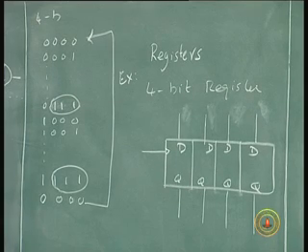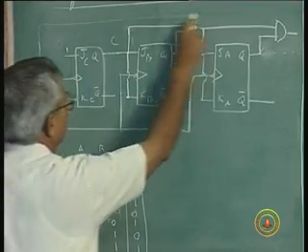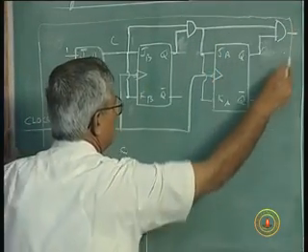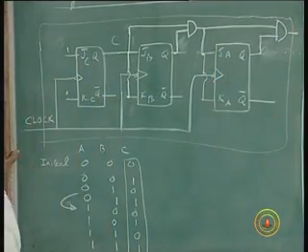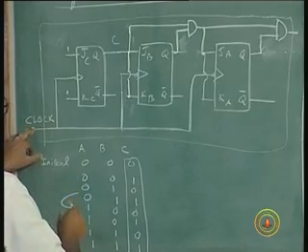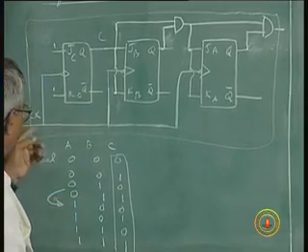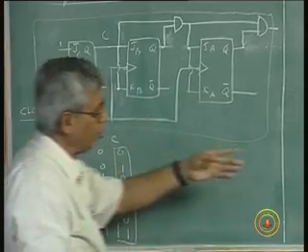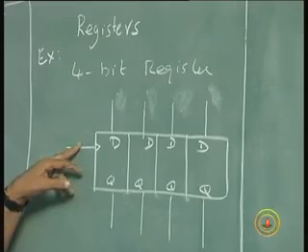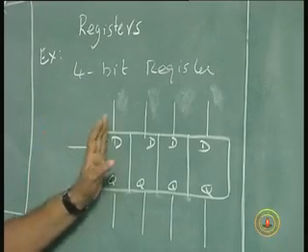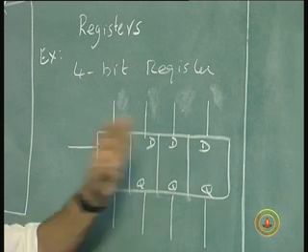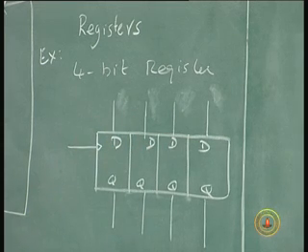Suppose I get a thing, I only see one clock, is it not? So, like that internally they will be connected. Likewise here also I will show the clock here, but do not think that only the first flip flop gets a clock, it is connected to all flip flops.